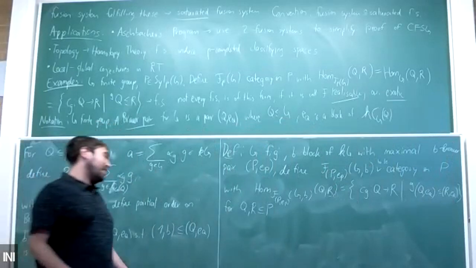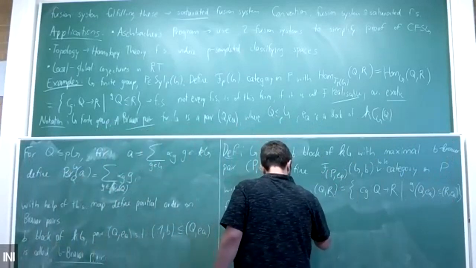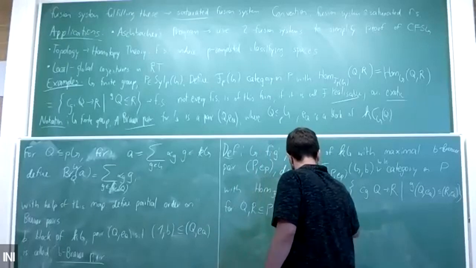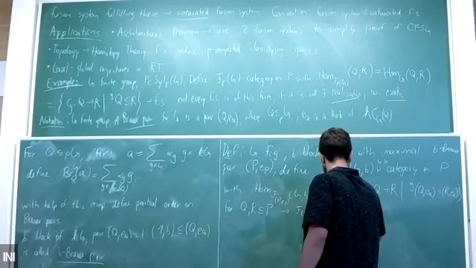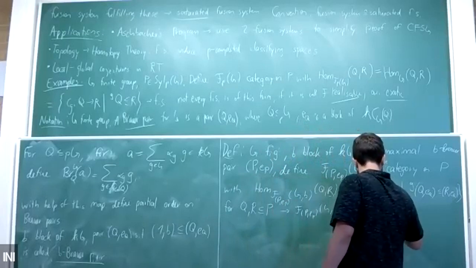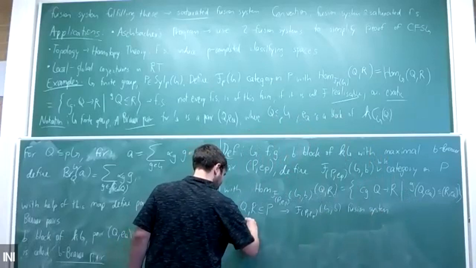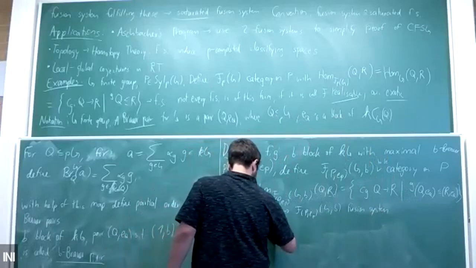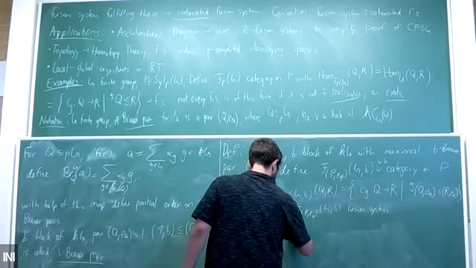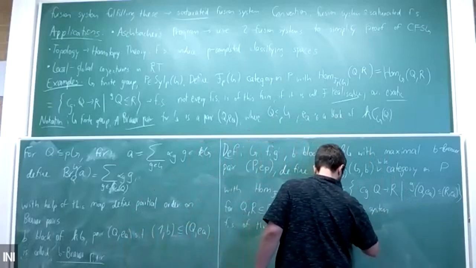Yeah, and first of all, I should note that this is a fusion system. But again, not every fusion system needs to be of this form. A fusion system which can be written in this way is called block realizable.